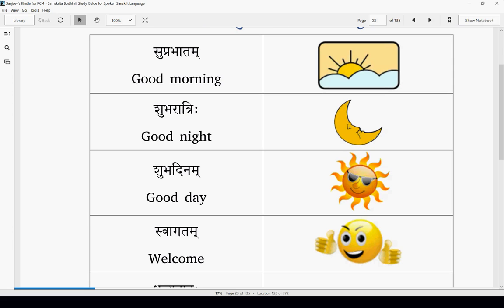Would you please pronounce good morning and good night slowly? Suprabhatam. Suprabhatam. This is pra, right? Supra.